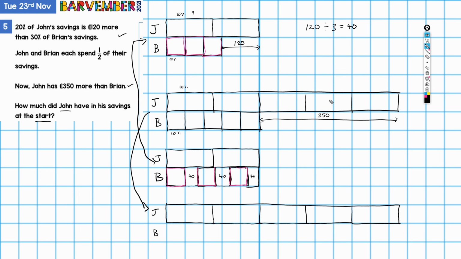So if we do 350 divided by 5, we get 70. Okay, so 1, 2, these are all Brian's units. Okay, so just to clarify, we're going over those.